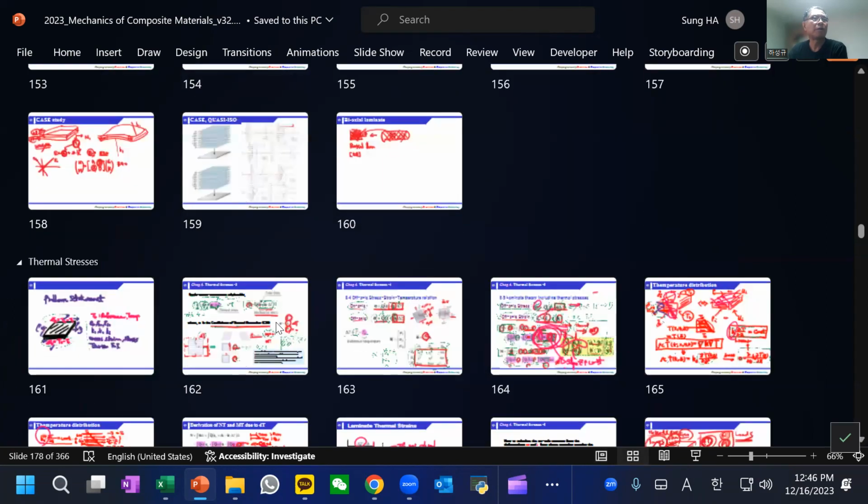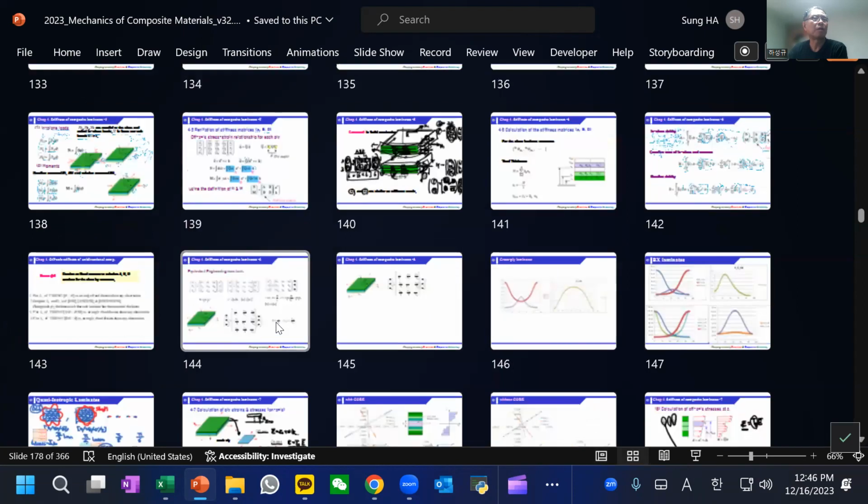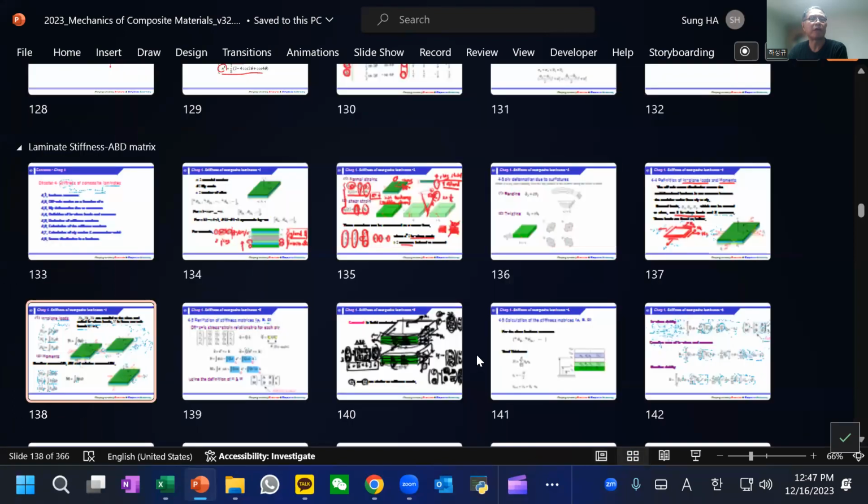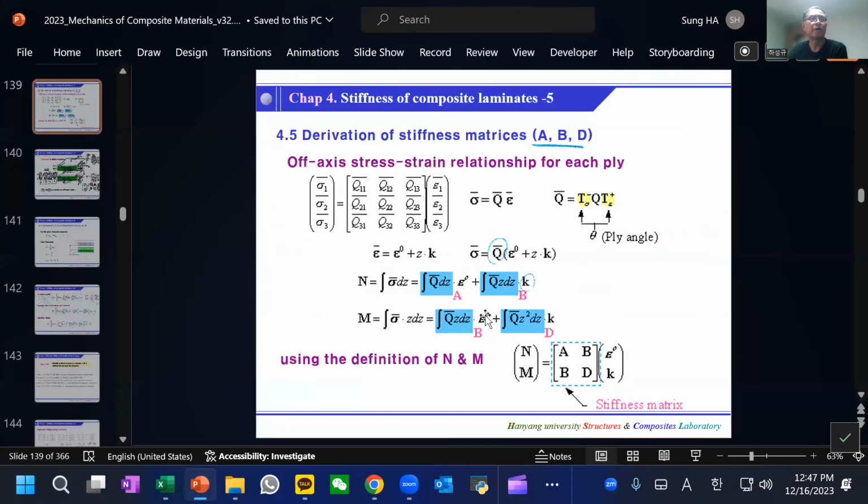If we go to classical laminate theory, we can see that moment is always defined as the stress times Z dZ. You know what is a stress or what is a Z; these are the definitions. And sigma is in terms of stiffness and strain, and we put it there.